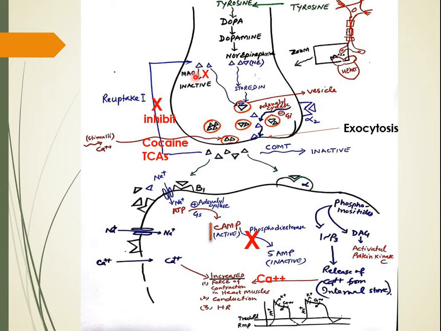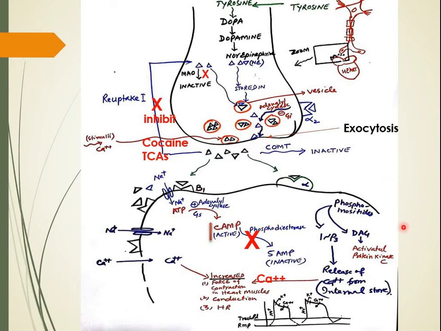Now there is another enzyme, monoamine oxidase, and this monoamine oxidase enzyme will oxidize this norepinephrine into an inactive form. Thus you can play here as well. If we inhibit this monoamine oxidase enzyme, it is going to increase the free level of norepinephrine, which will ultimately promote the rate of forward reaction, and that is exocytosis.